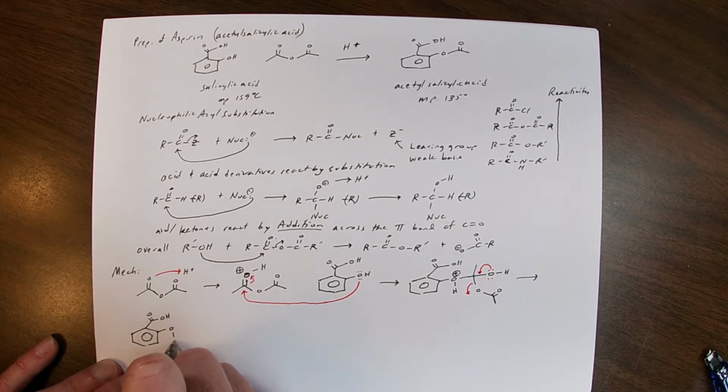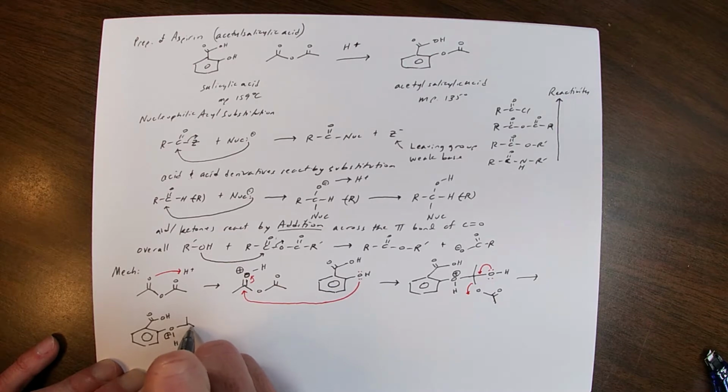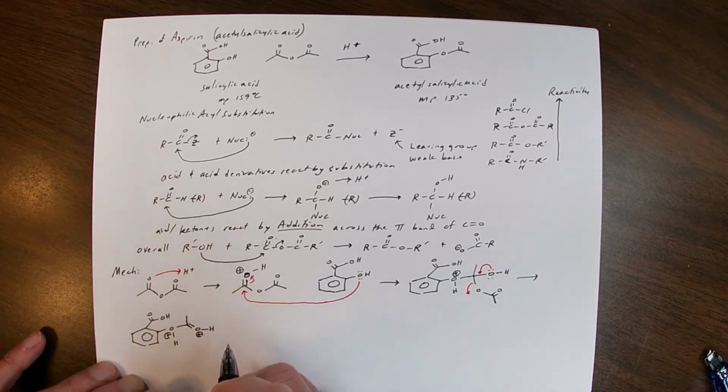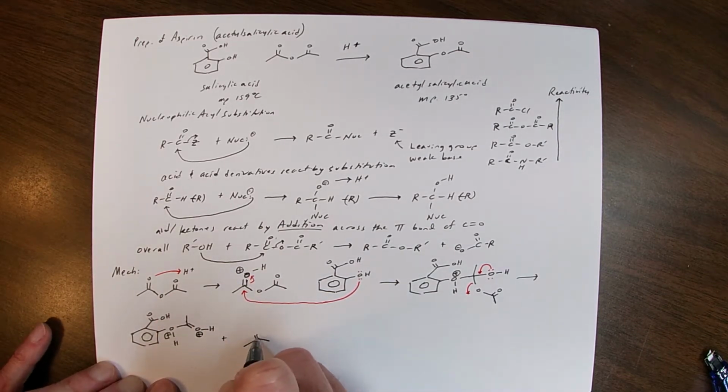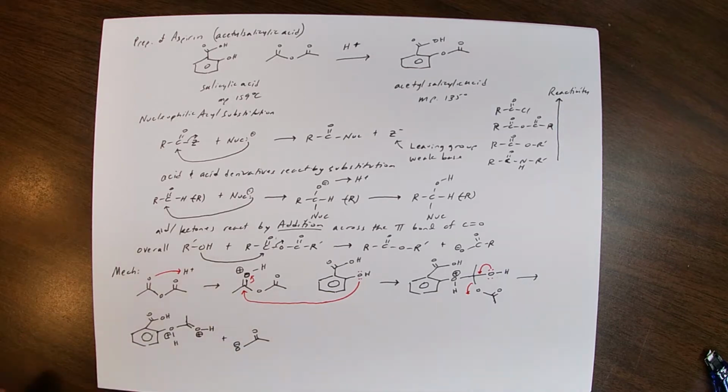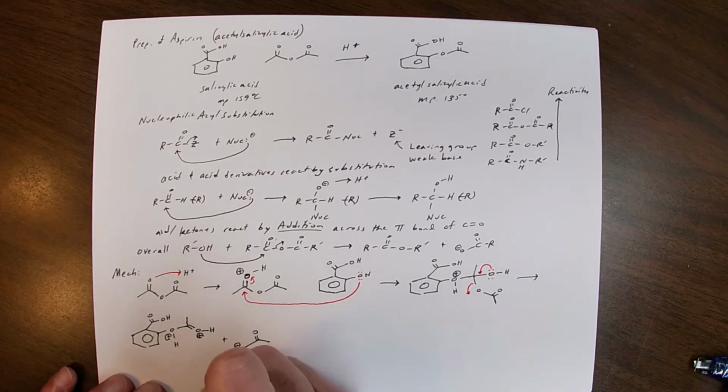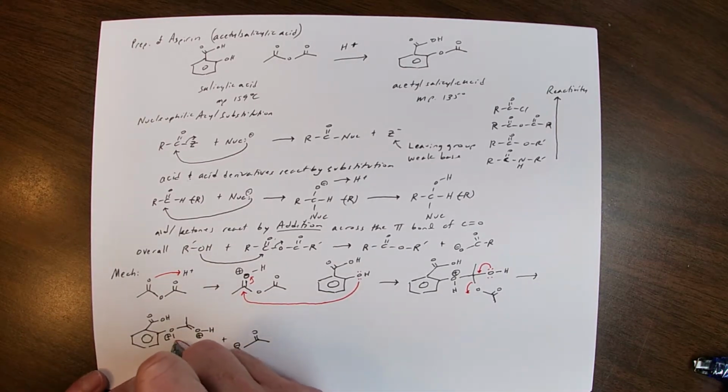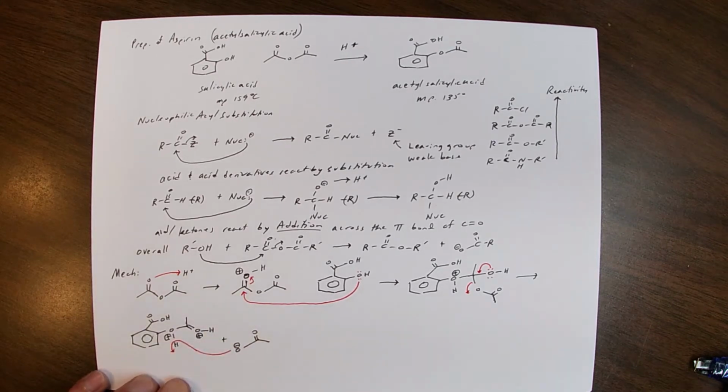Okay, so I still have that proton on here. Again, the exact order you do this is not necessarily that important. And we have brought our leaving group here, and again we can use it to remove this proton.